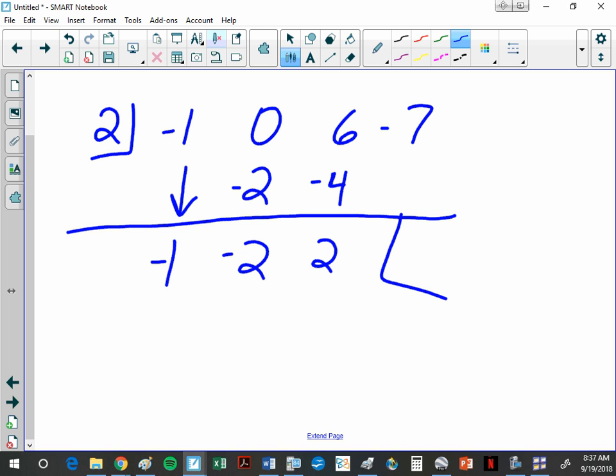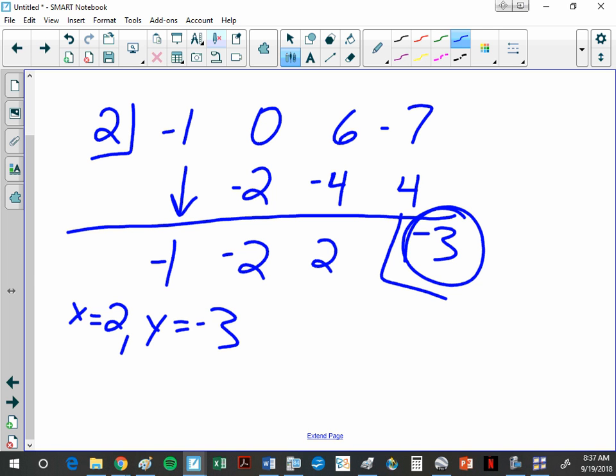And 2 times 2 is, wait, did I mess up? -2, -2, -4, 2. Oh, I added it up wrong in my head. So 2 times 2 is 4, and I get -3. So what's the answer? What do we get when we plug 2 into the equation? The answer is -3. So when x equals 2, y equals -3.